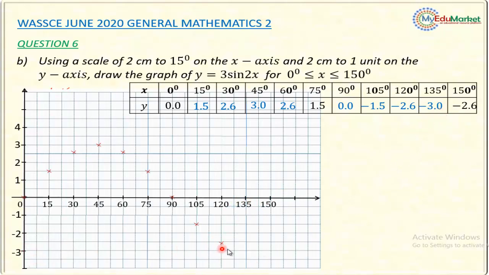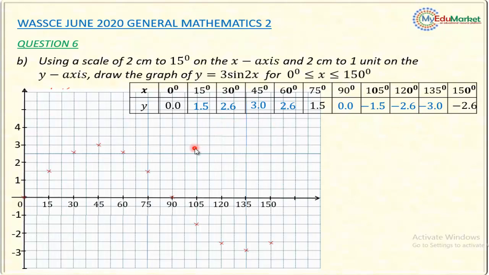Minus 3 is here, and x is 135, so it's going to be here. So let me have that mark. And finally x 150, then y minus 2.6. Minus 2.6 is going to be here, so I have that mark. So I have plotted all the points.